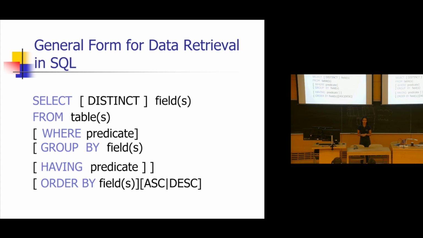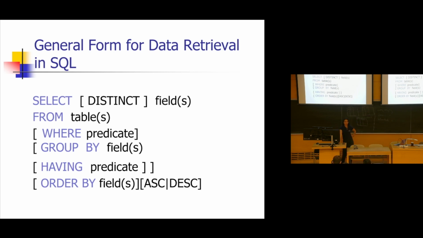Which column do you want to group by if you want to find average salary for each department? Department. So we group the data based on that, and for each department we'll have the average salary.